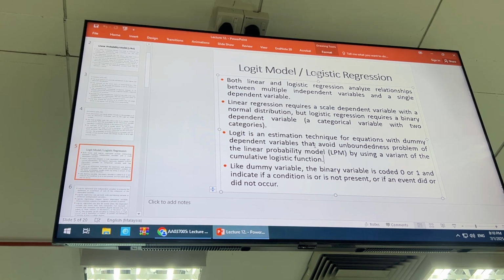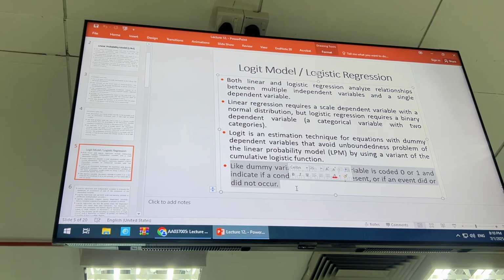Not less than 0, not more than 1. So by using a variant of the cumulative logistic function, like a dummy variable, the binary variable is coded 0 or 1 and indicates if a condition is or is not present, or if an event did or did not occur.